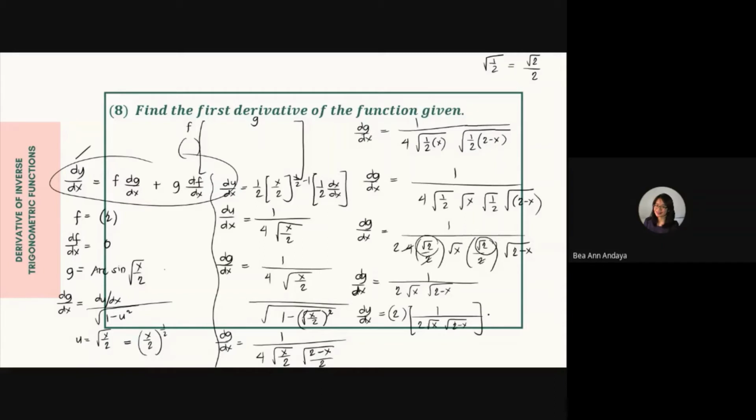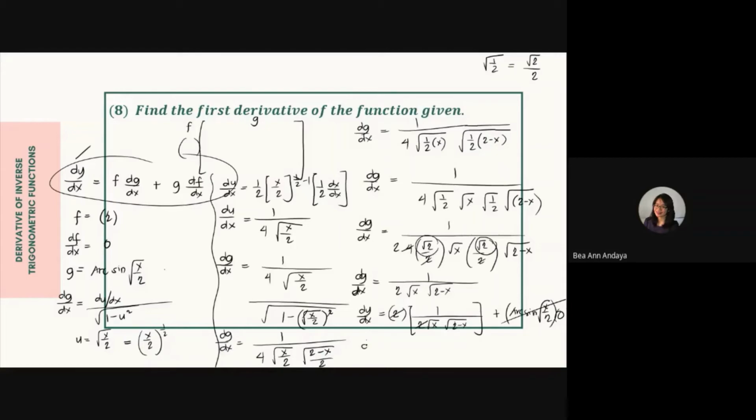And you have to add the product of the g. Ang g natin ay arc sine of the square root of x all over 2. And do not worry because our multiplier here is the derivative of f with respect to x, and that is basically 0. So, if you have a 0 multiplier, ibig sabihin magka-cancel na yung buong term na yan, leaving us with 2 divided by 2 will be 1.